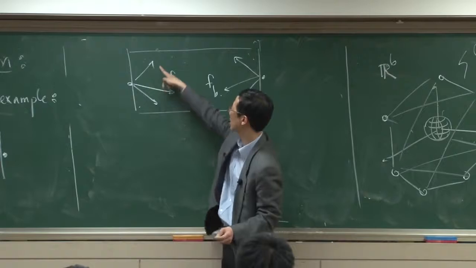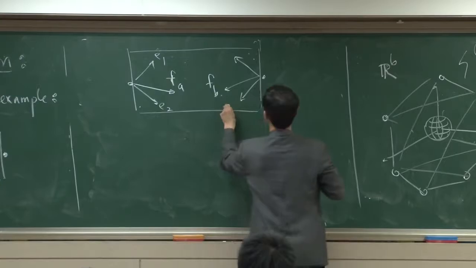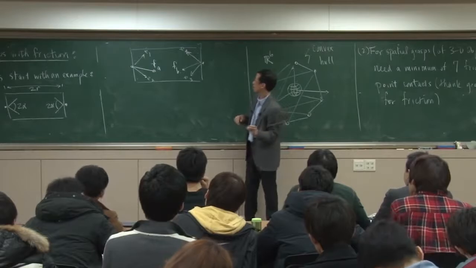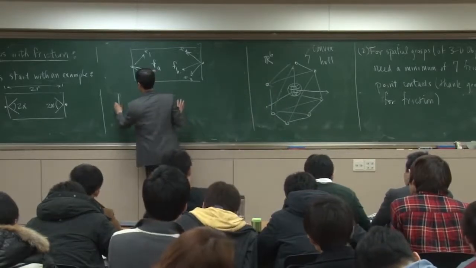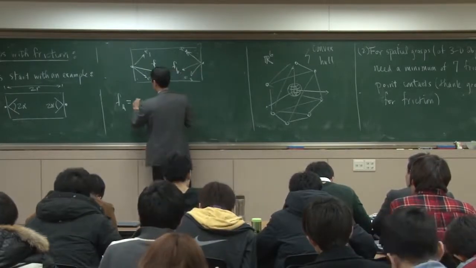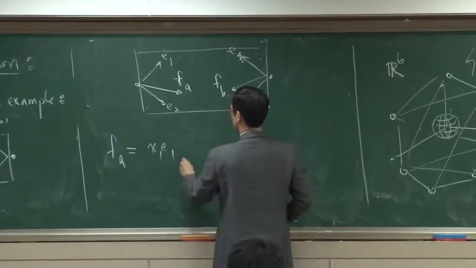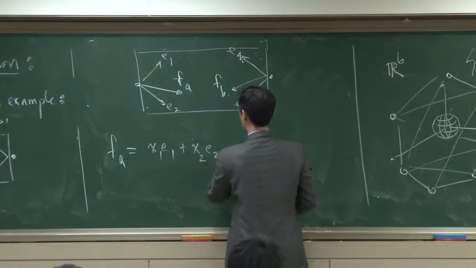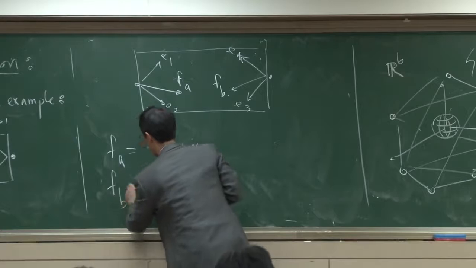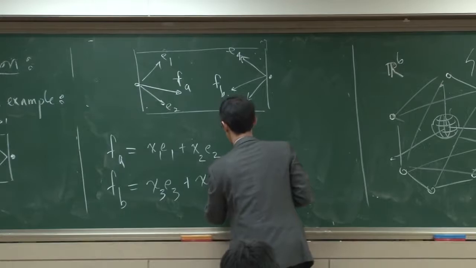So if we knew what these directions were, let's call them E1, E2, E3, and E4, then f sub a is x1 times E1 plus x2 times E2, and f sub b is x3 times E3 plus x4 times E4.